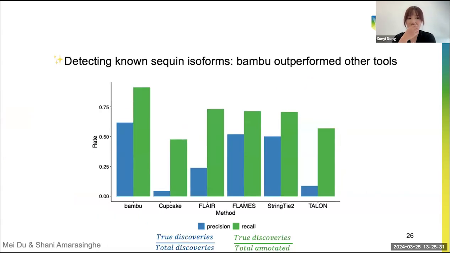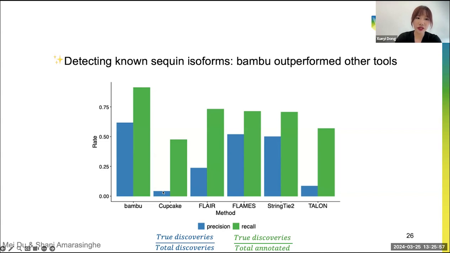And then we use the sequins, where all the ground truths are known. And we compare the transcripts we detected to the known sequins. By having the ground truths, we can calculate the precision and the recall.